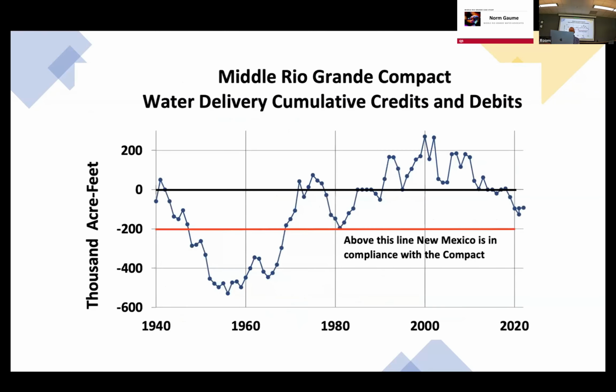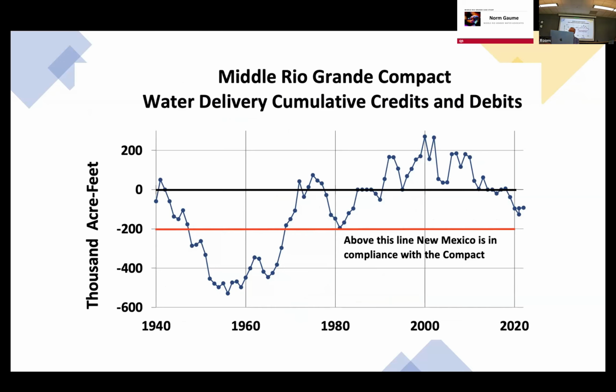This graphic shows the compact compliance history. And I'm not going to delve into the history at all, except to say that there is a story behind every up and down. New Mexico regained compliance when the Middle Rio Grande was channelized by the Bureau of Reclamation in the 1950s.